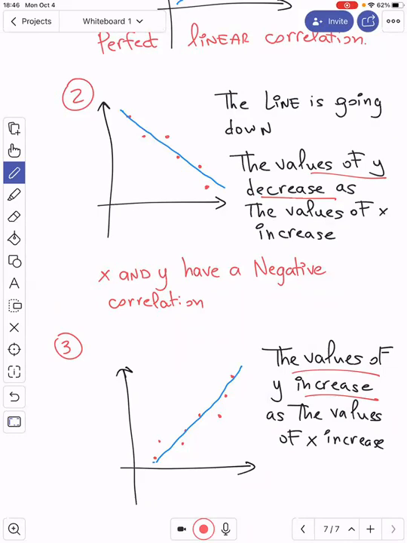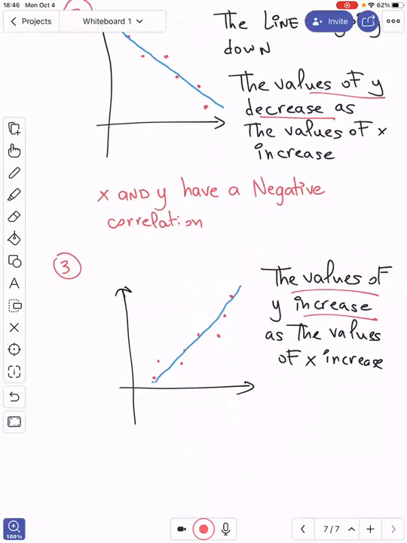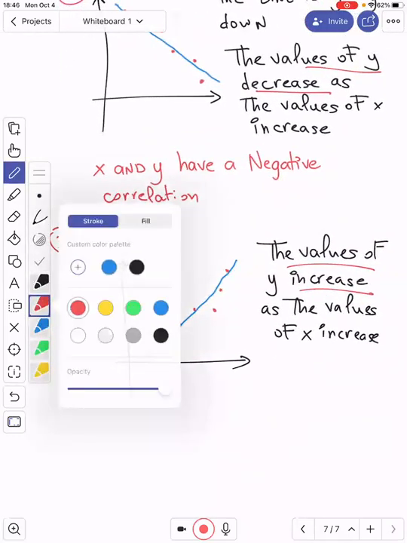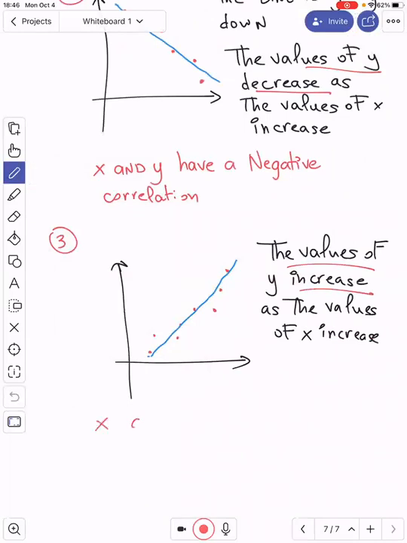So in this case, X and Y have a positive correlation.